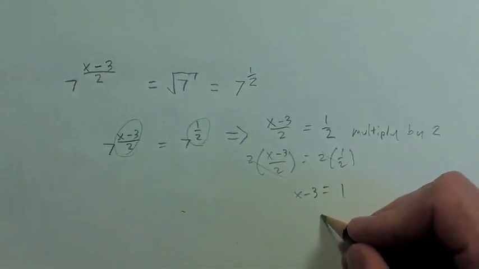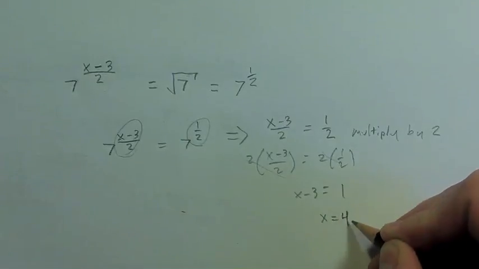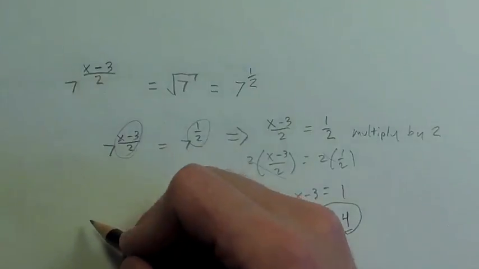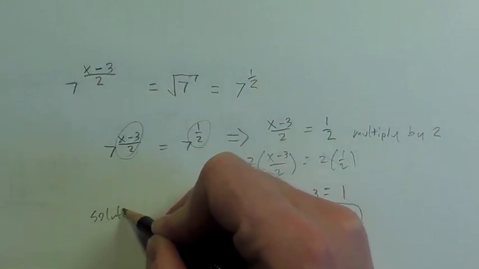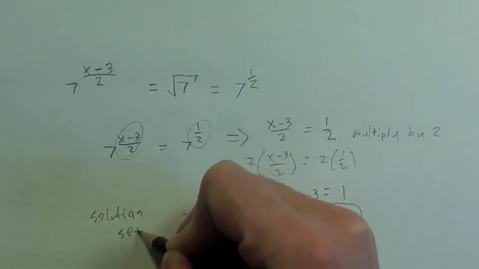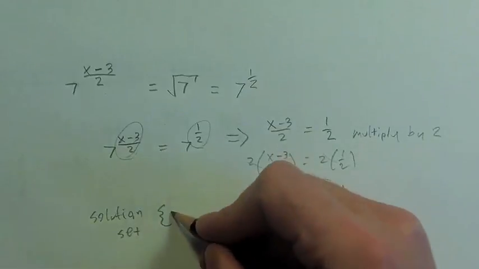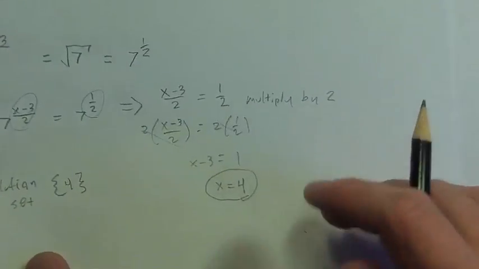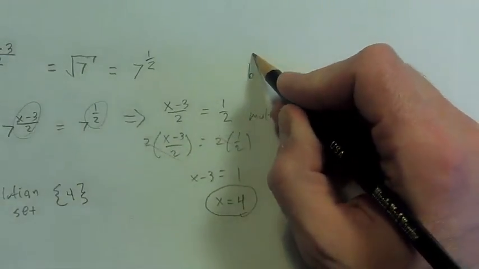So moving the 3 over, I now get x is equal to 4. And there we go. The solution set is 4.